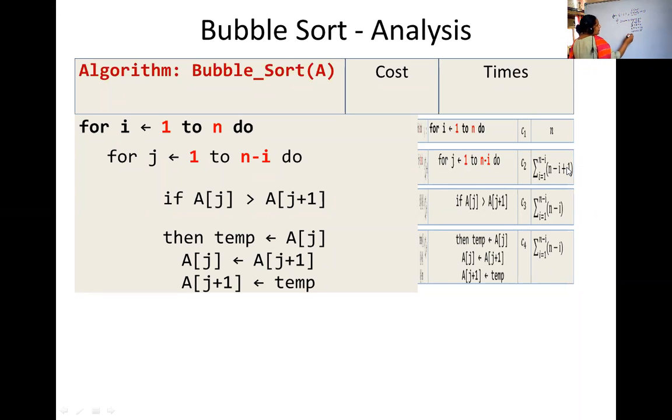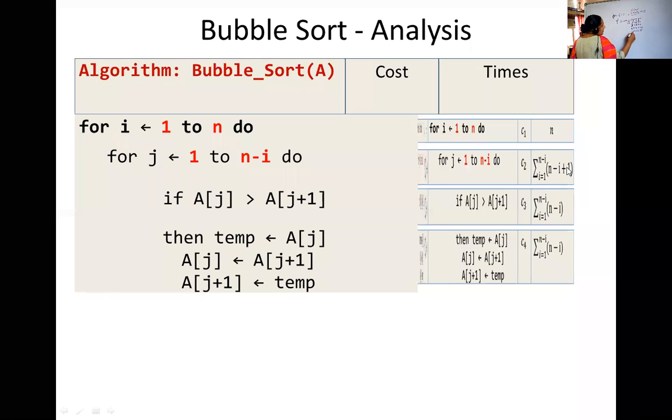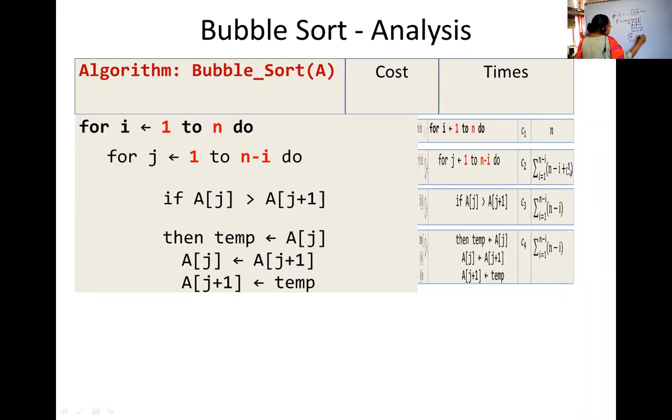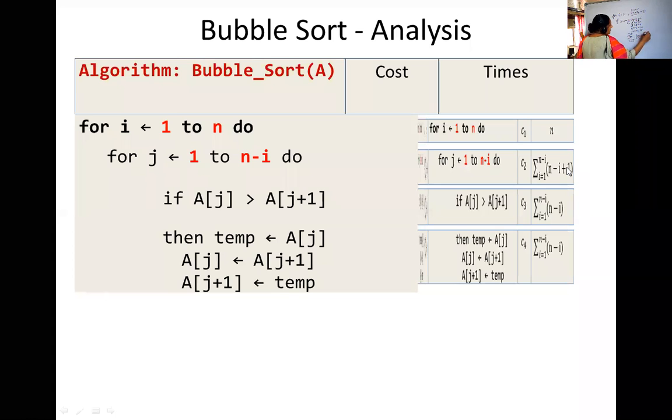We are summing the answers for each value of I, and I is ranging from 0 to n minus I. Fine. So you can write n minus I plus 1. Okay. That's why it is being done.